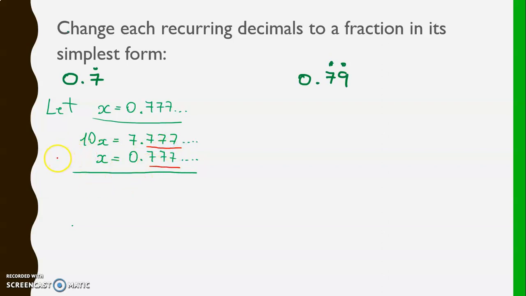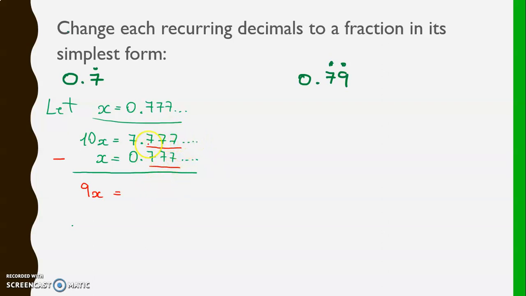So if we were to subtract these two, we've just manipulated both sides, but it actually represents the same proportion. So if we subtract these, we would get 10x minus x, 9x equals, and check this out, imagine that you start subtracting these decimals. 7 minus 7 is 0, 7 minus 7 is 0, 7 minus 0 is 7.